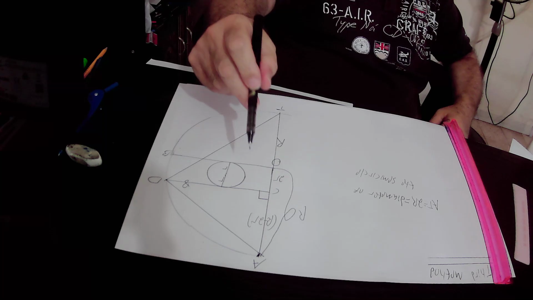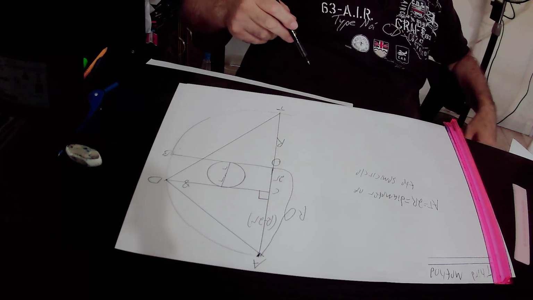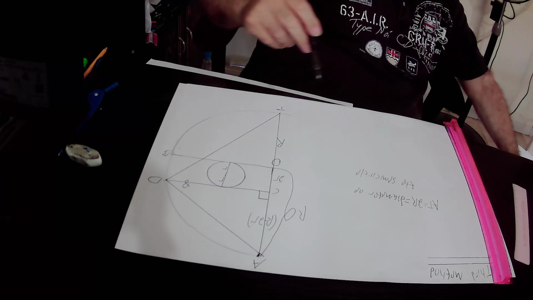So we created here peripheral angle ADT that rests on AT, that is the diameter of the semicircle.